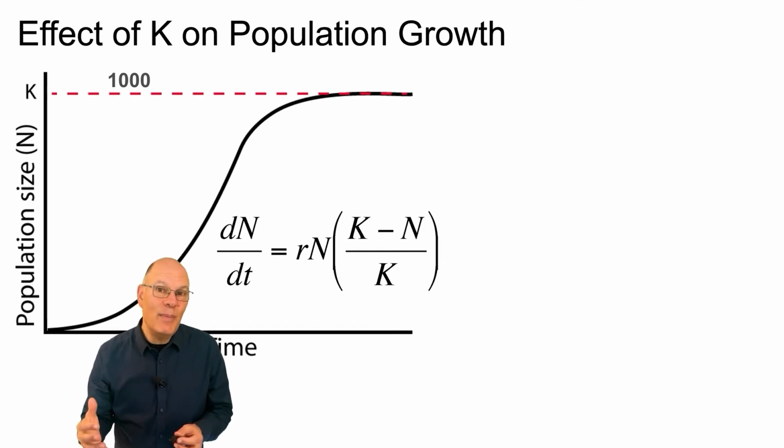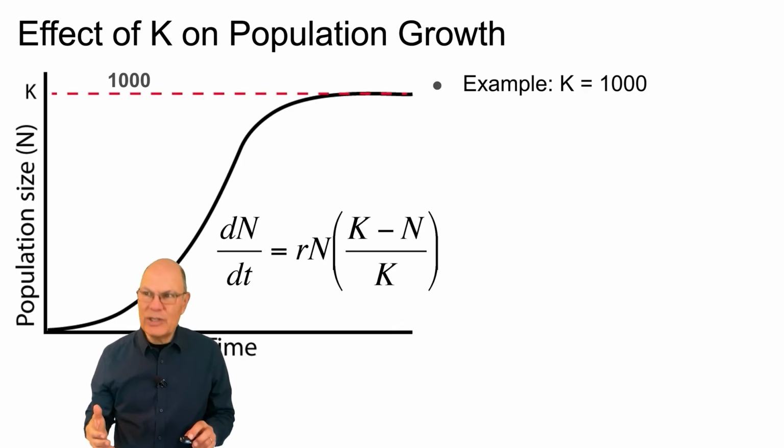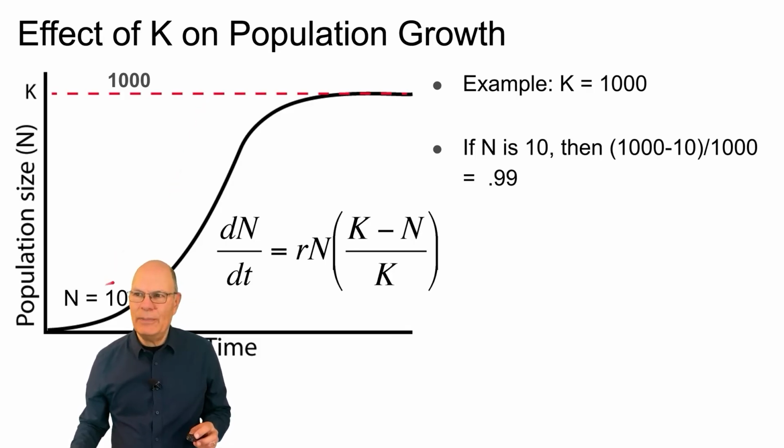Let's plug some numbers into this logistic growth formula and see how it actually works. In this example, K equals 1,000. That's our carrying capacity over here. But let's say that our population is 10. If N is 10, then K minus N over K is 1,000, that's K, minus N, that's our population, divided by the carrying capacity, 1,000.